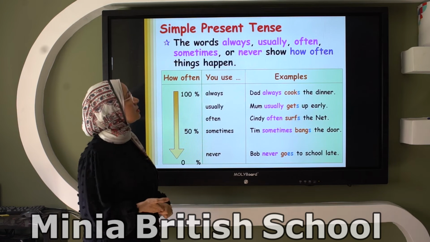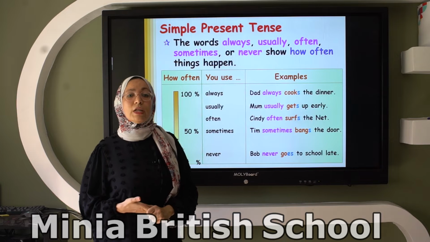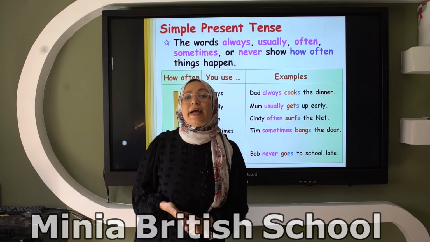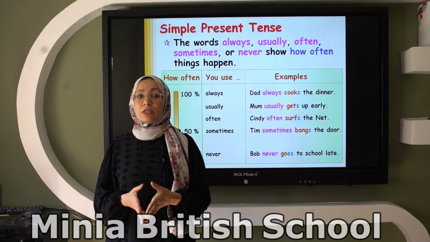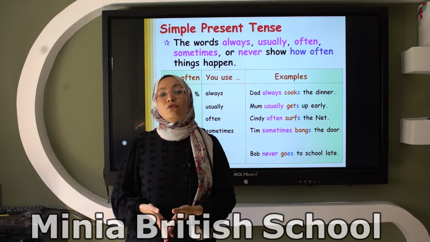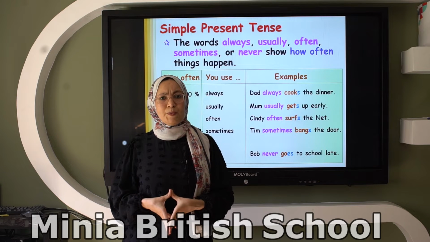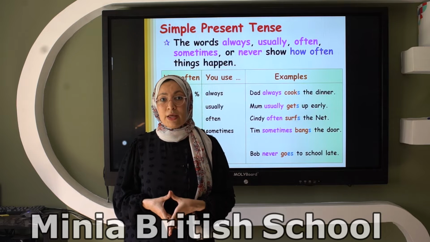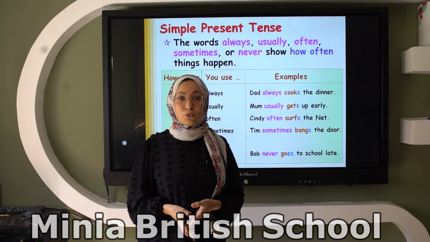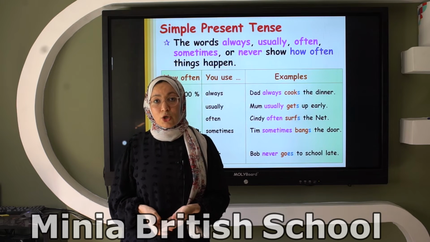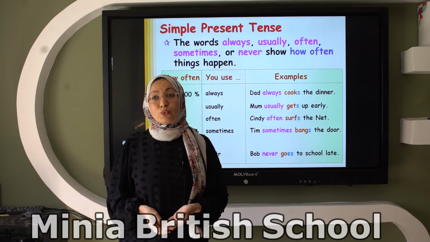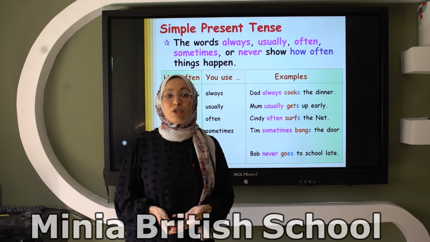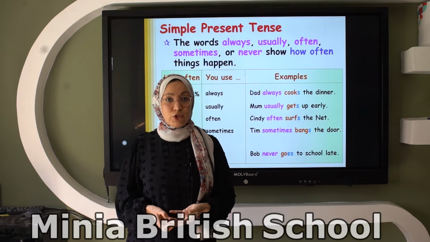Okay, the present simple tense uses words like always, actually they are adverbs. Always, usually, sometimes, often, never, and so on. We call these adverbs of frequency. And why do we use these adverbs of frequency in present simple tense? To express how many times we do something or do an action, right?